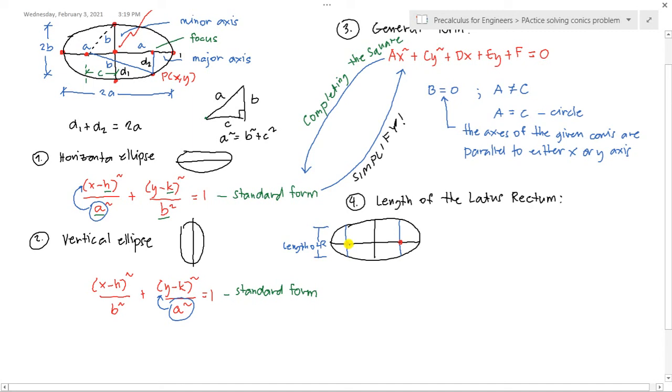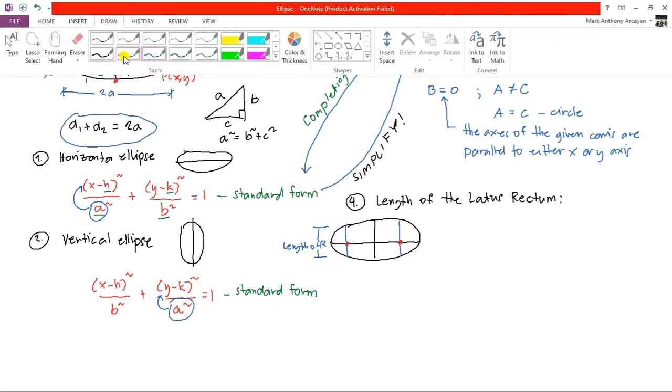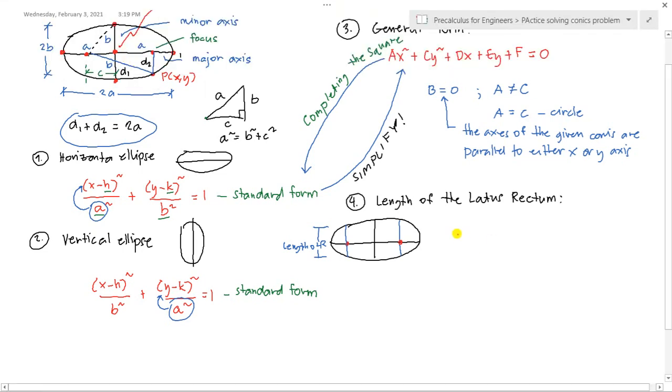So to solve this, of course, you can apply this principle, kaning sum of d1 and d2 is equals to 2a. And you will get the equation for the latus rectum, that is L is equals to 2b squared all over a.